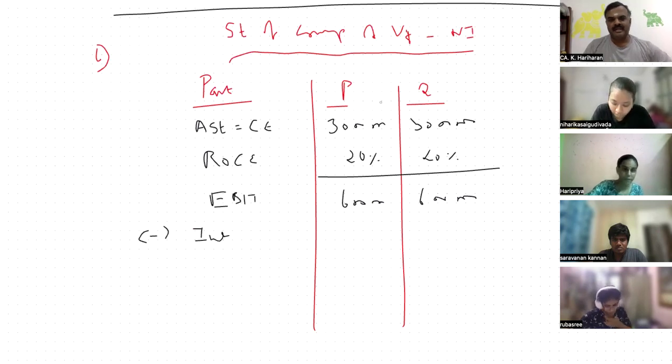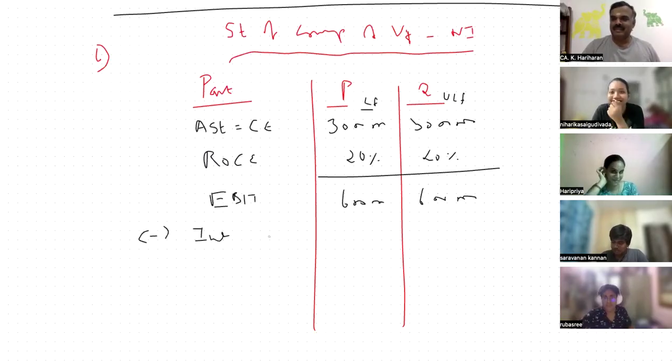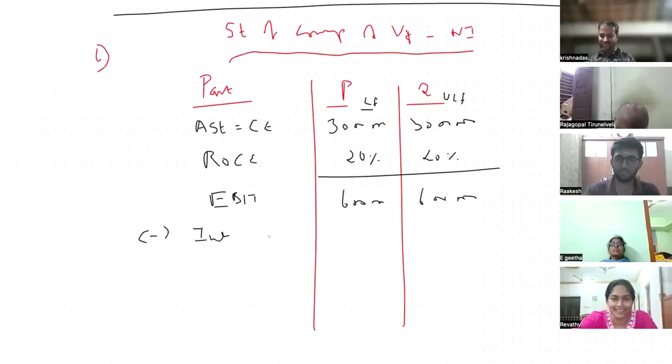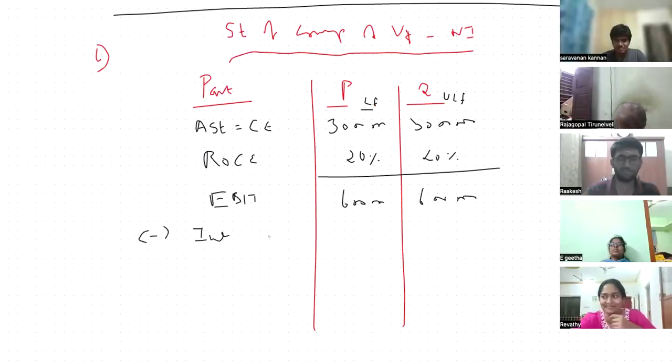So 18 lakhs into 10% is equal to interest of how much? 1,80,000. How much interest for the second one? Is there interest or not? Since there is no interest, there is none for them, sir.